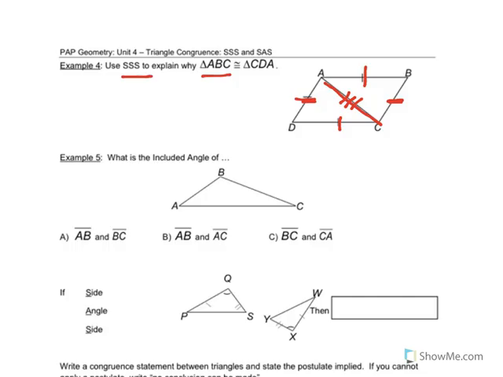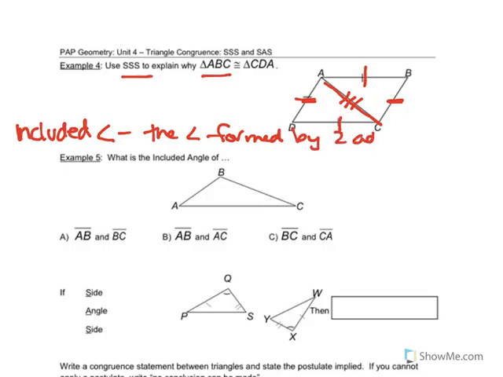Okay, so now let's jump in here to example 5. And before we get to example 5, I want to talk about what we mean by an included angle. An included angle is the angle that's formed by 2 adjacent sides of a polygon.